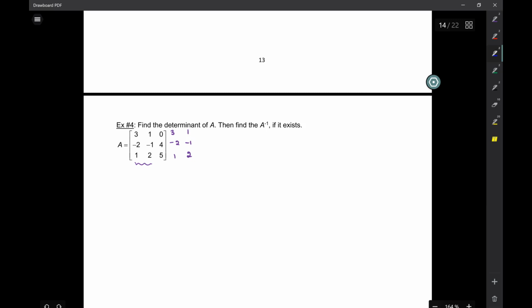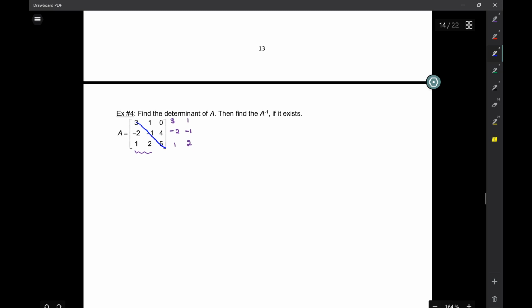It's not called the main diagonal for nothing. It's like the VIP of a matrix. All right. So you start with the main diagonal here. And that's 3 times -1 times 5, that's -15. Now you're going to do plus this diagonal next to it, so that's 4, plus this diagonal, which is 0.